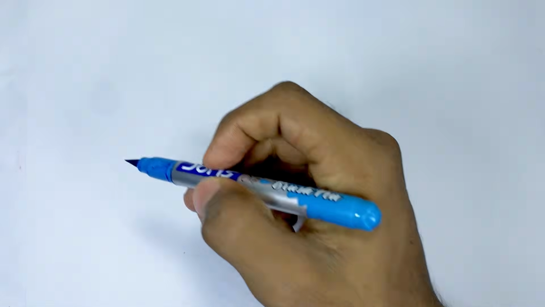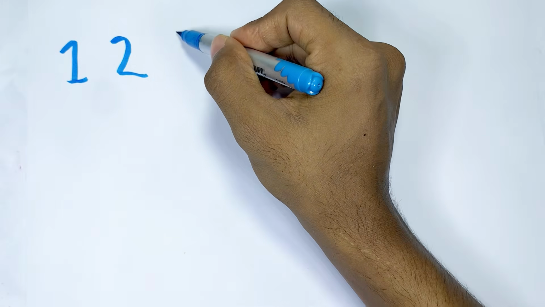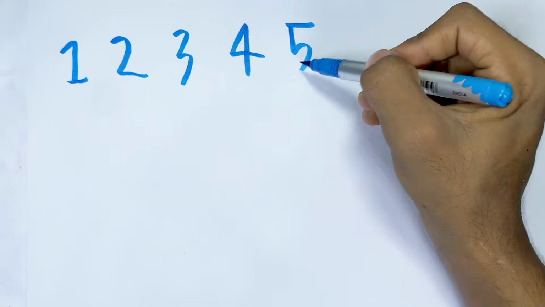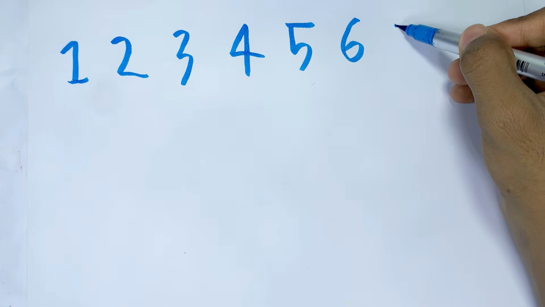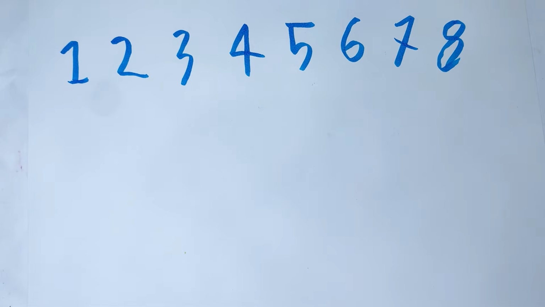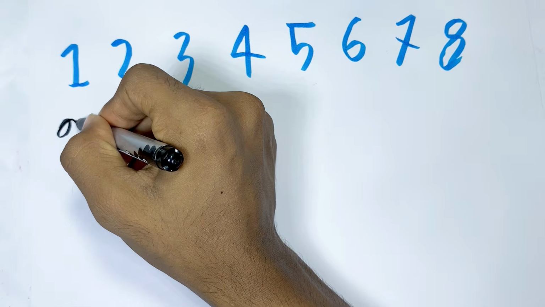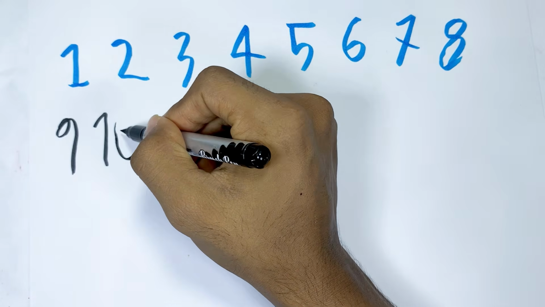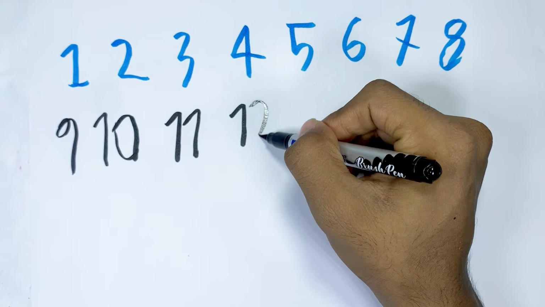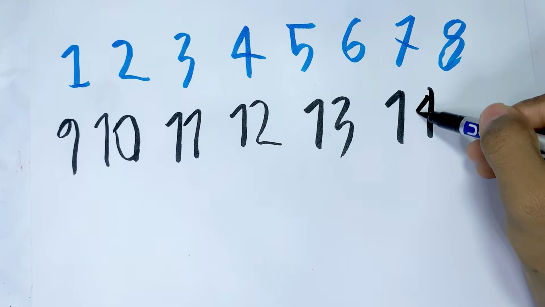So kids, now you draw one, two, three, 4, 5, 6, 7, 8. Kids, now you draw 9. The numbers of 9, 10, 11, 12, 13, 14.